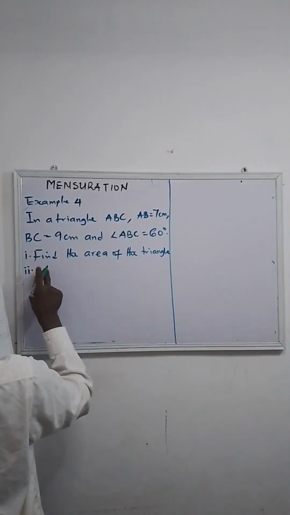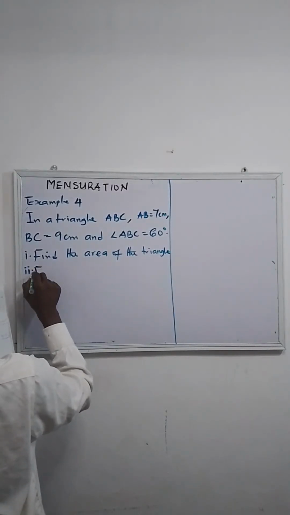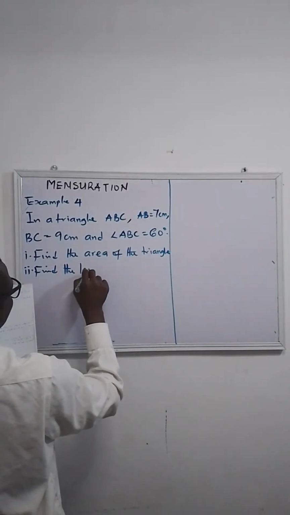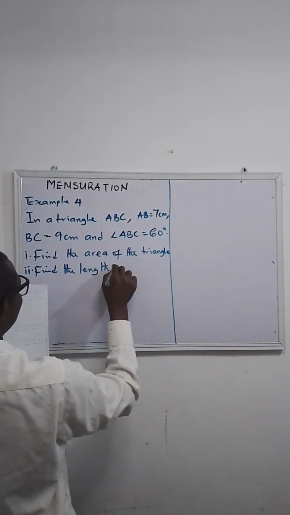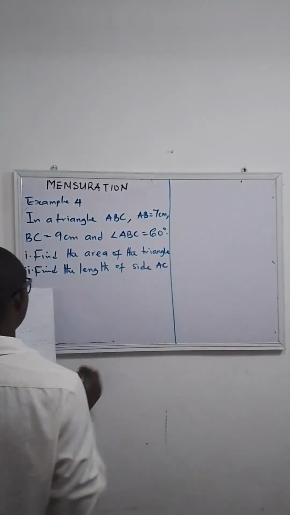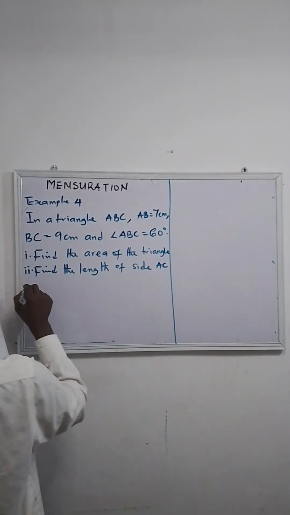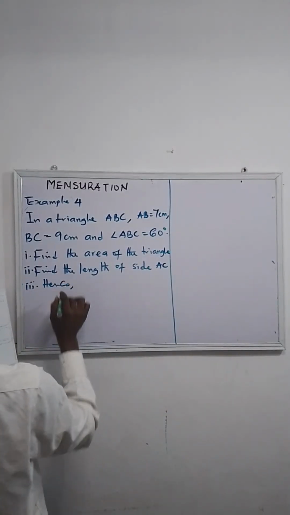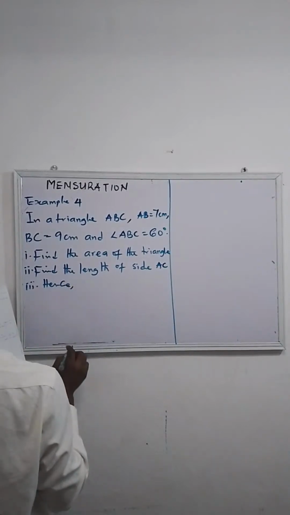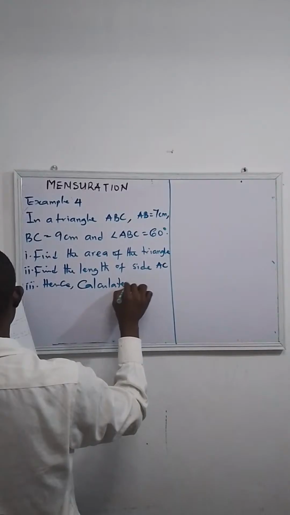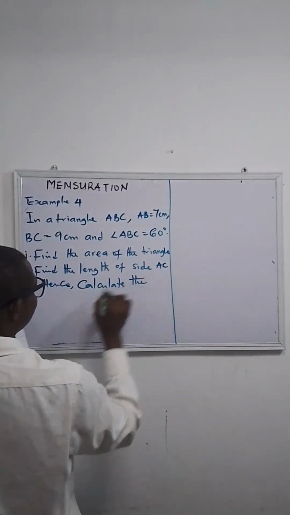Roman numeral 2, find the length of side AC. The last one is to calculate the perimeter.